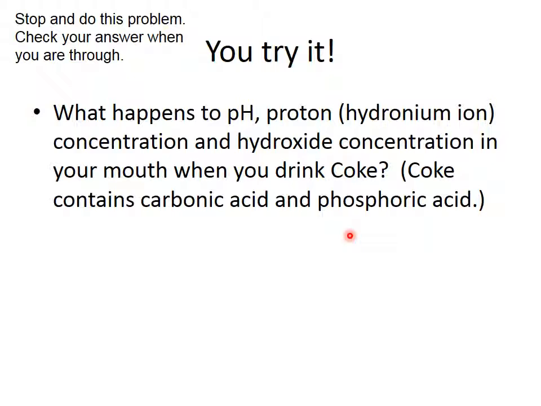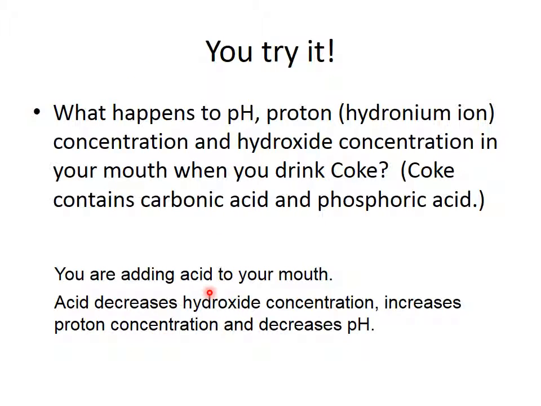Dentists try to discourage you from drinking Coke, and they should, because it eats your tooth enamel up. Because I'm adding acid to my mouth, my proton concentration must go up. If my proton concentration goes up, hydroxide concentration goes down and pH goes down.